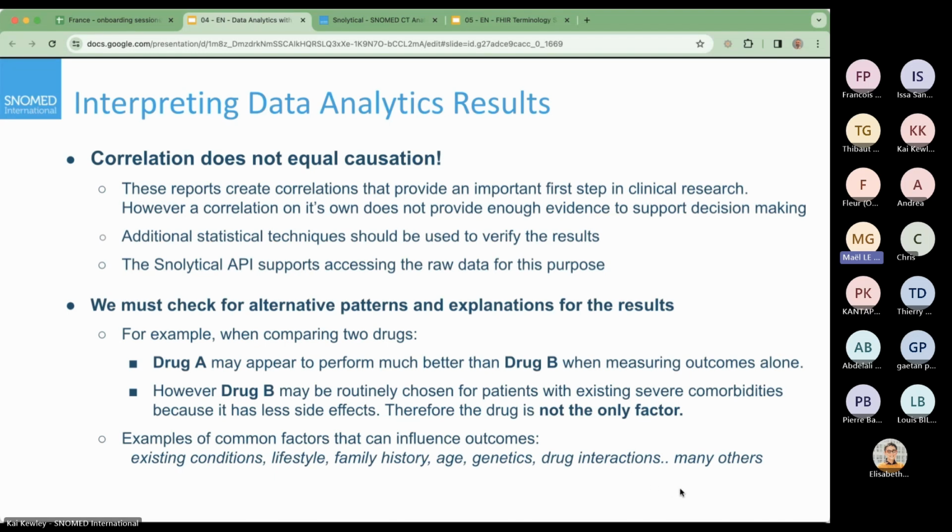Unless you include all these things in your report, you may get very skewed results. So the tool that I showed is really good for exploring data and starting to form a hypothesis, but you need to be thorough and go through the alternative influences.